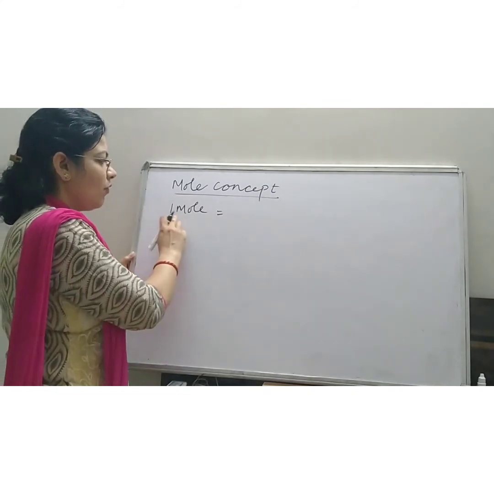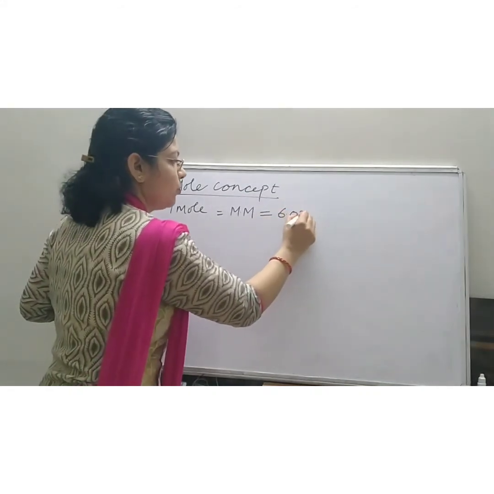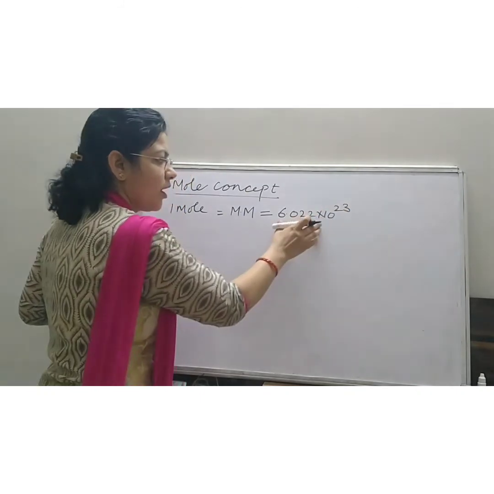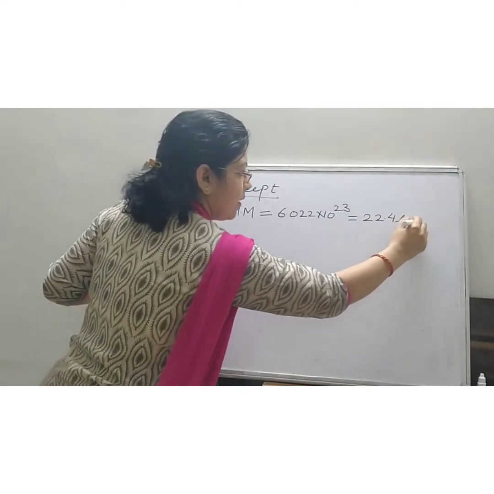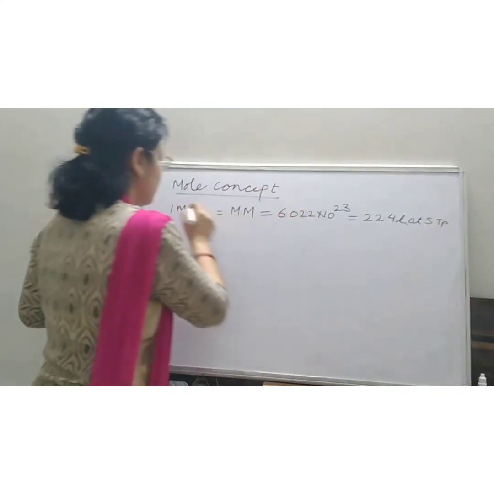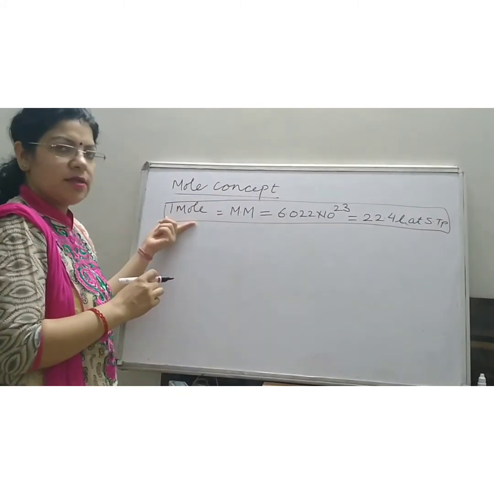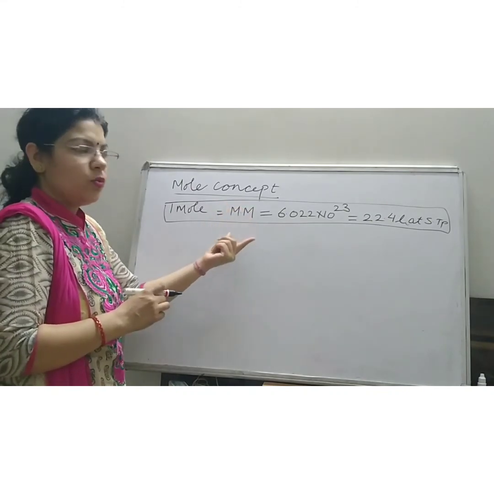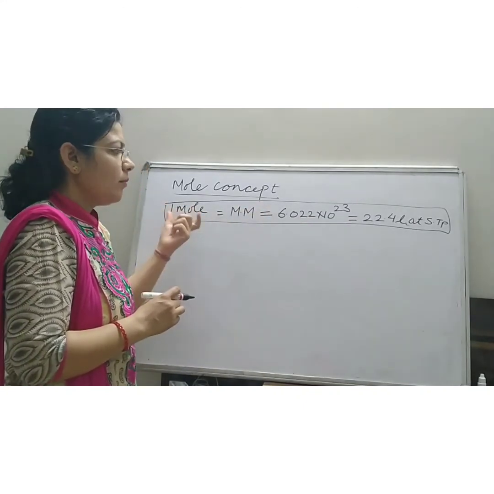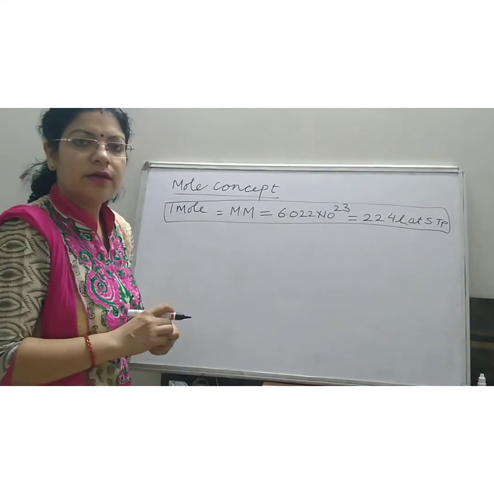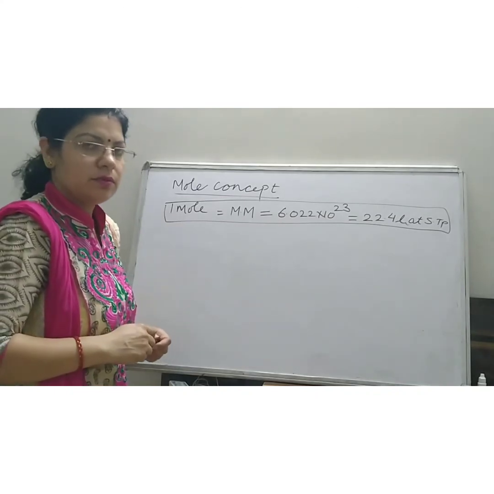So we can write here 1 mole is equal to its molecular mass, or it is equal to 6.022 into 10 raised to power 23 particles, or Avogadro number, or it is equal to 22.4 liters at STP. This is all about the mole concept.